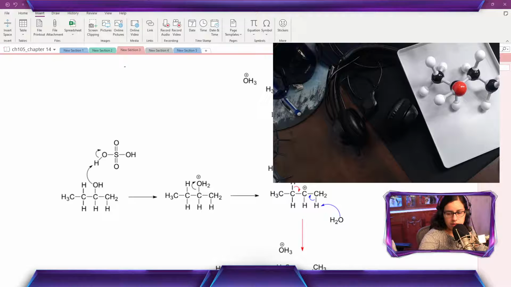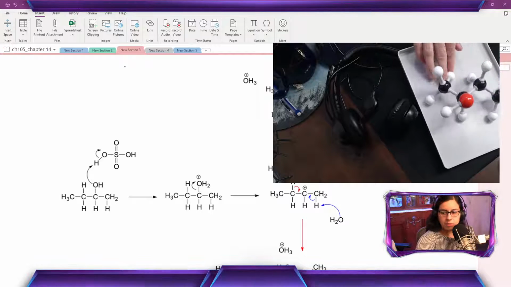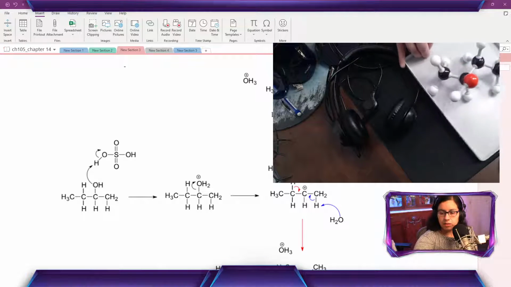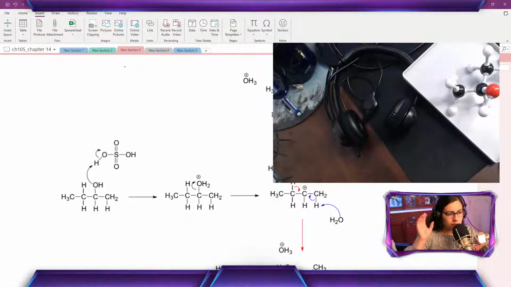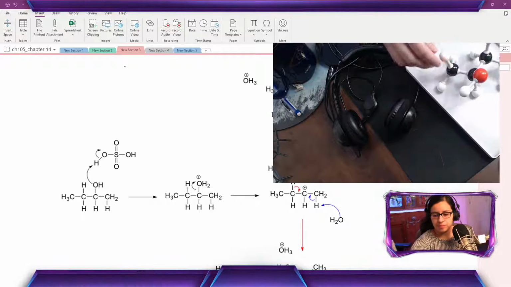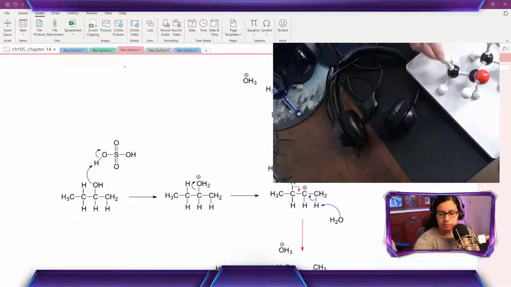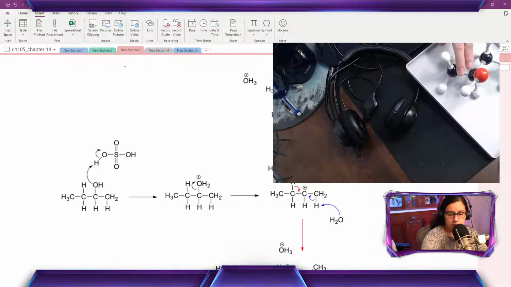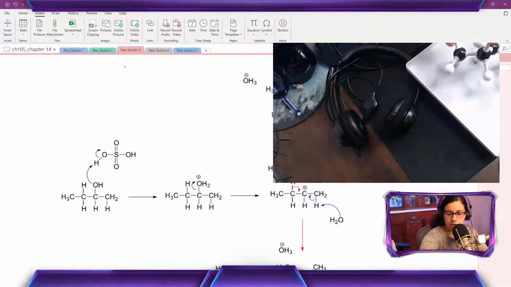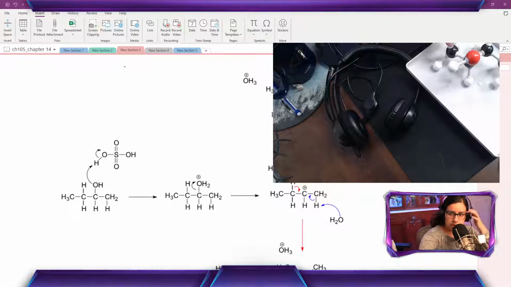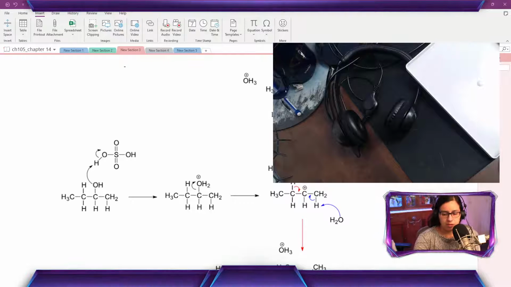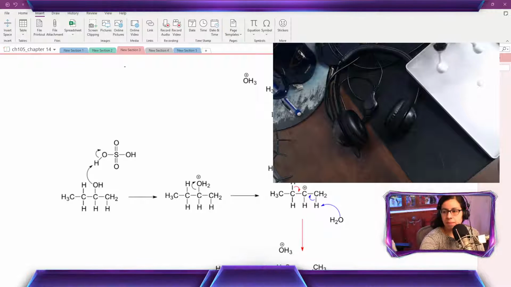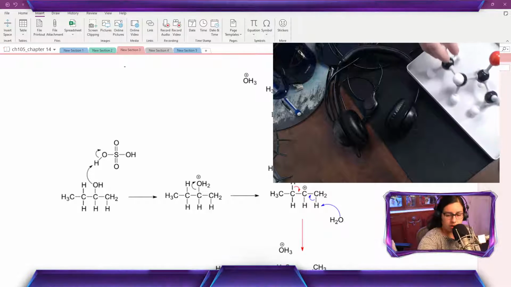All right, so now we're looking at our molecule. Let's look at a couple of things on here. Our alcohol is attached to a secondary carbon.